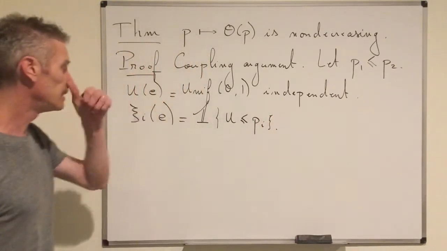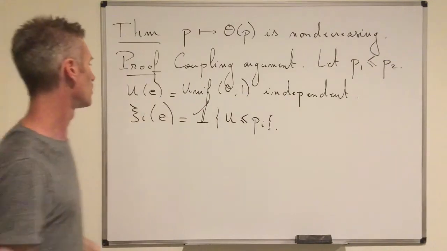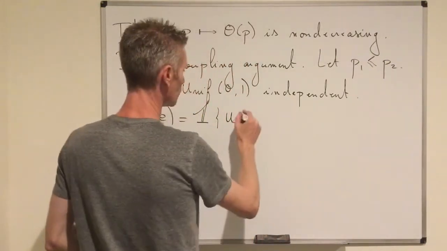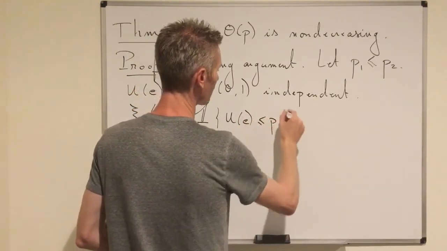So you see that indeed, if U is a uniform random variable, so here I made a mistake, I should precise U of E. So U of E less or equal to Pi.